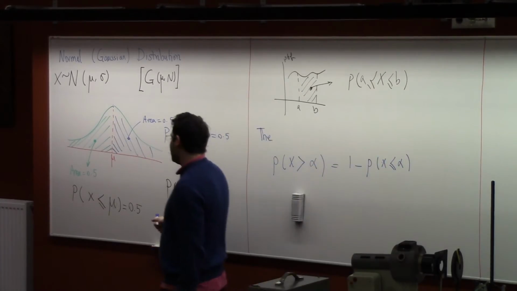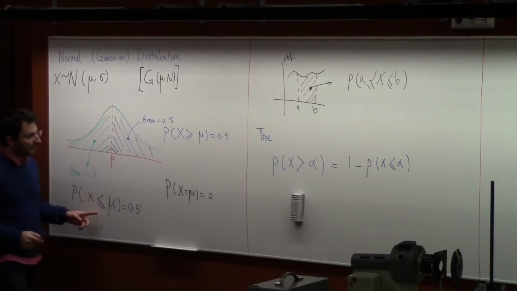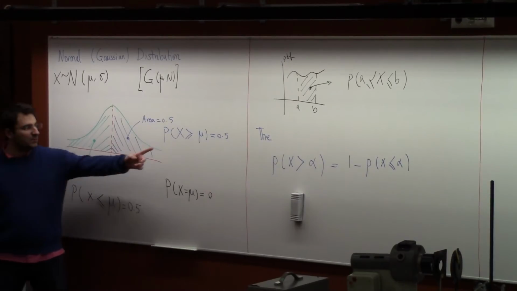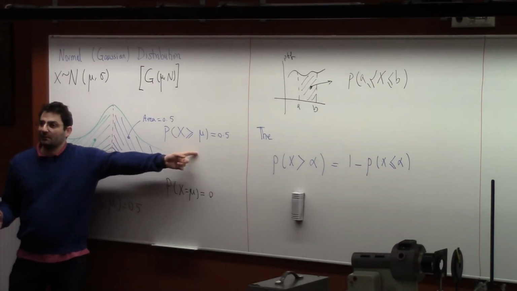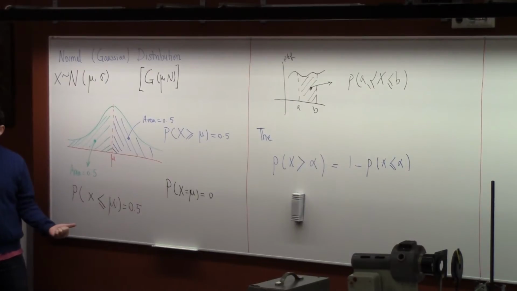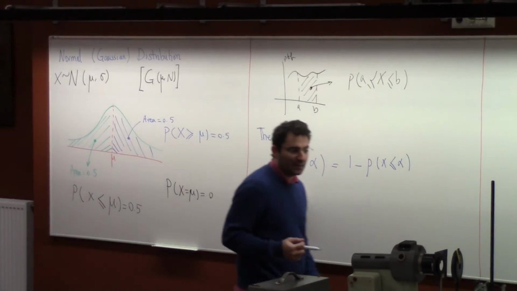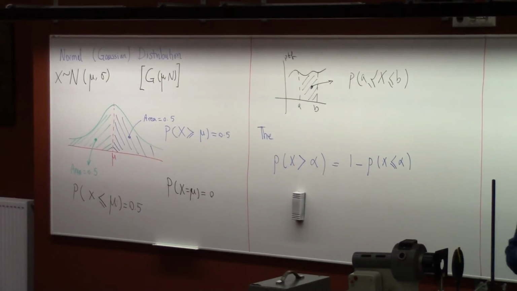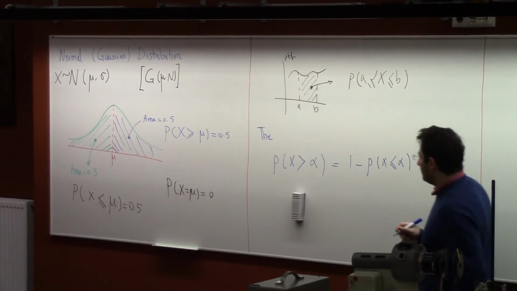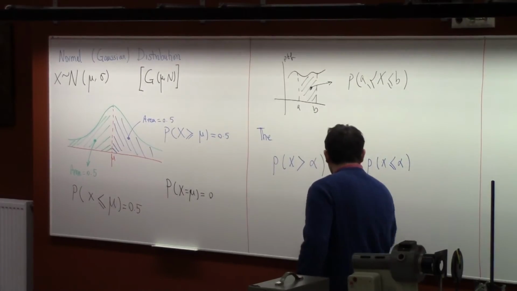Here you can see that the probability of x greater than mu is 1 minus the probability of x less than mu, which is 1 minus 0.5, which is 0.5. So this is due to this fact.